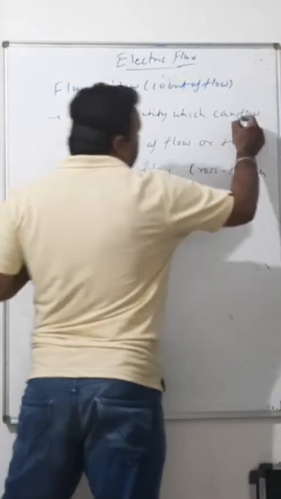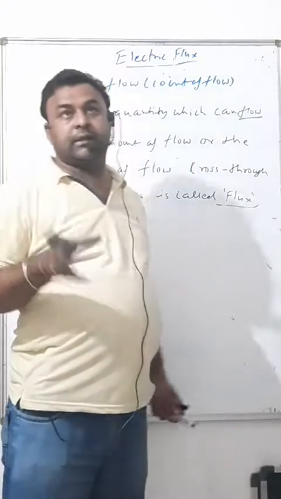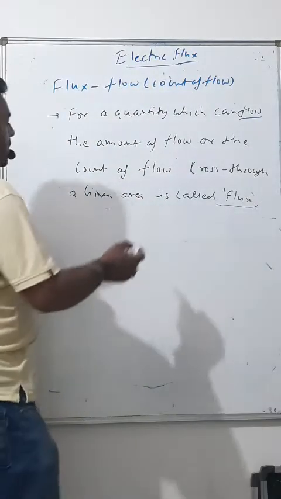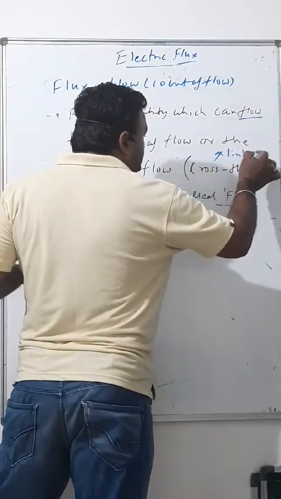It is derivative of flow. Anything which can flow, then if it has some linkage, it can be called cross through or linkage.